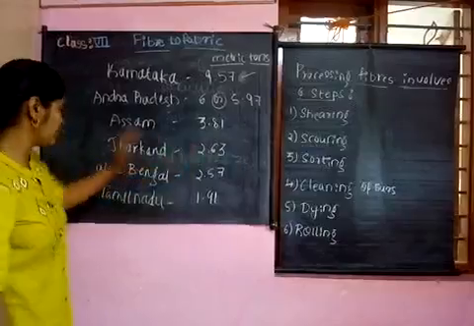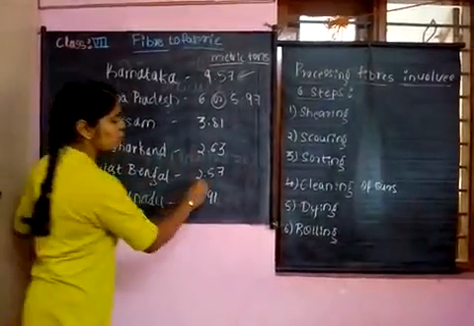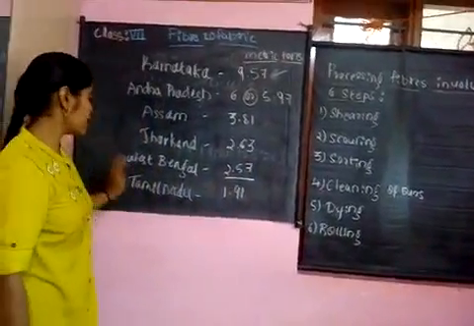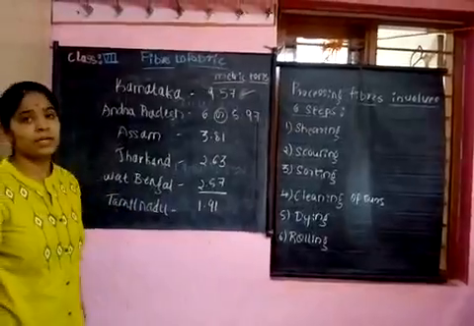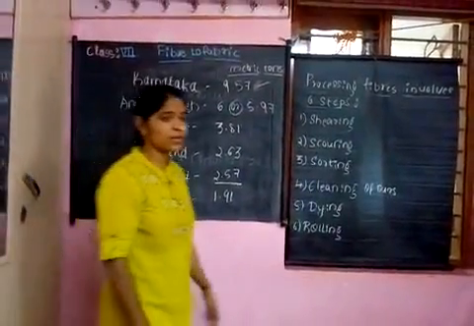Then West Bengal produces 2.57 metric tons, and next is Tamil Nadu, which produces 1.9 metric tons of silk in our country.